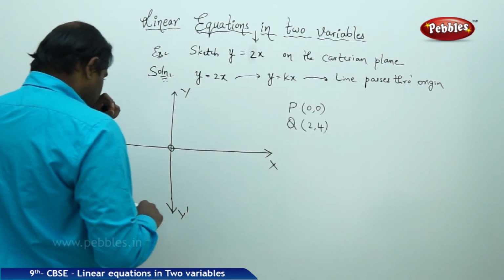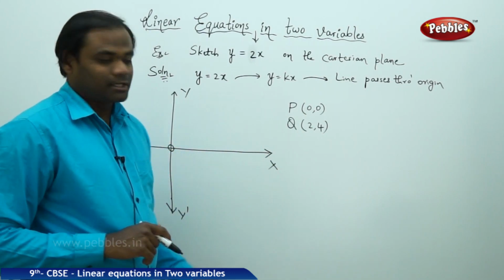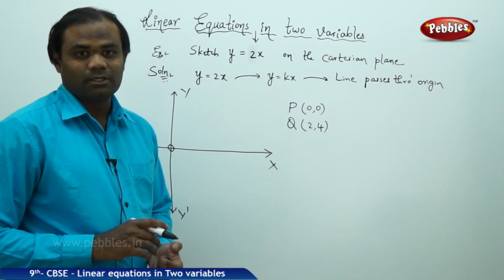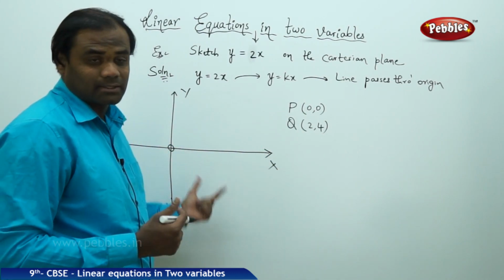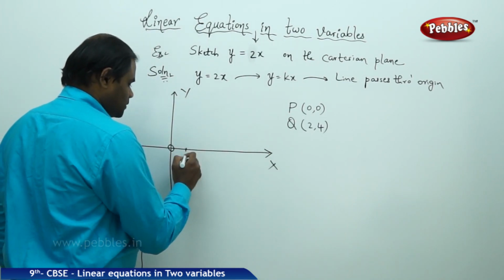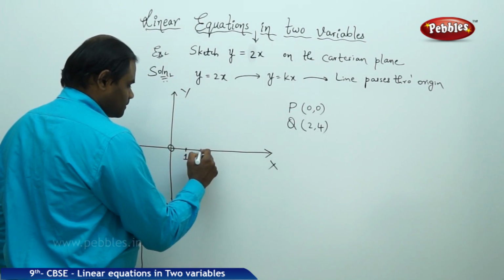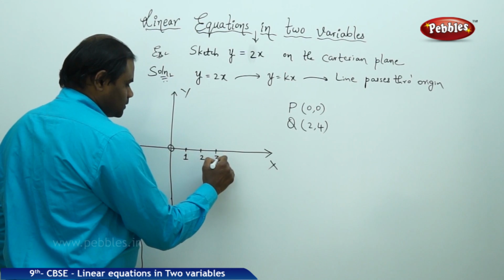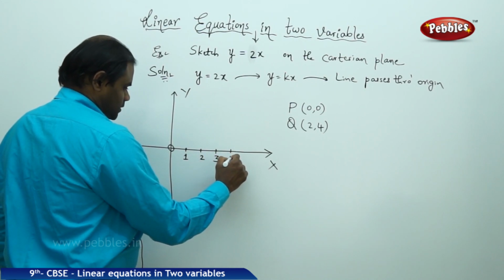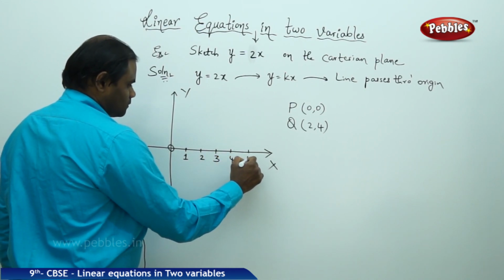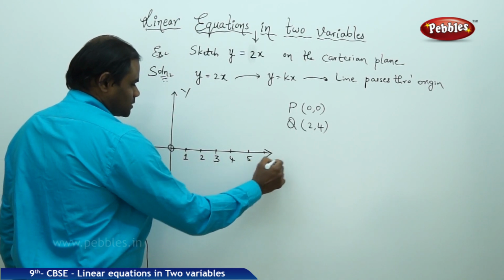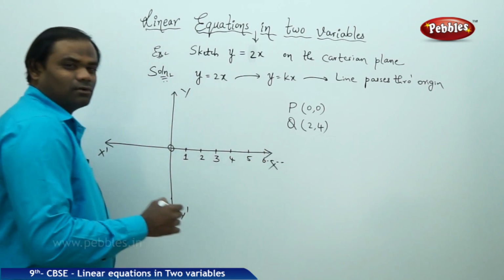Clearly, let me first make a scale of 1 centimeter equals 1 unit on x-axis. So here is 1, here's 2, here's 3, here's 4, 5, 6, and so on and so forth.